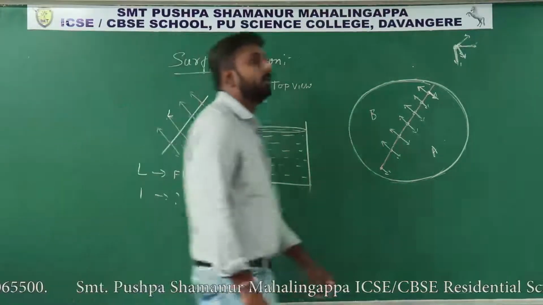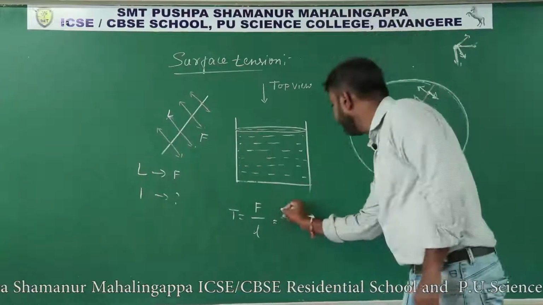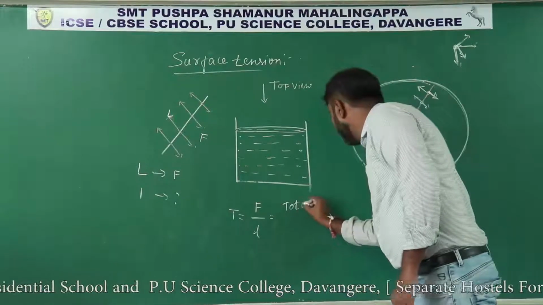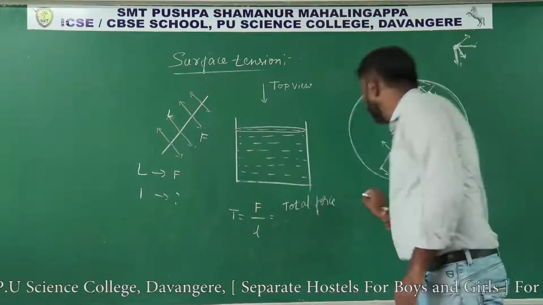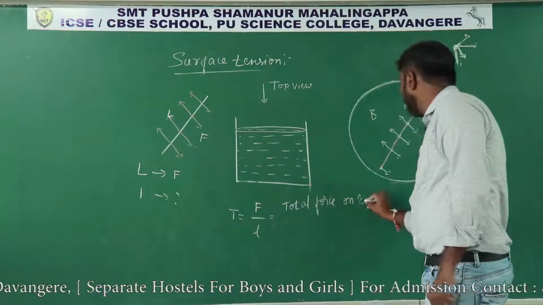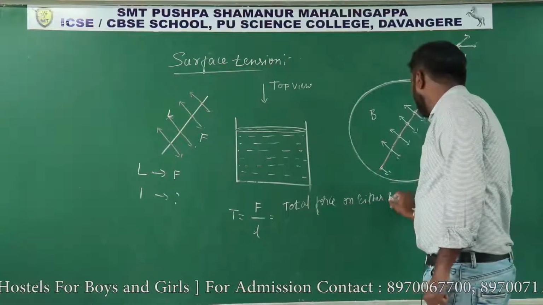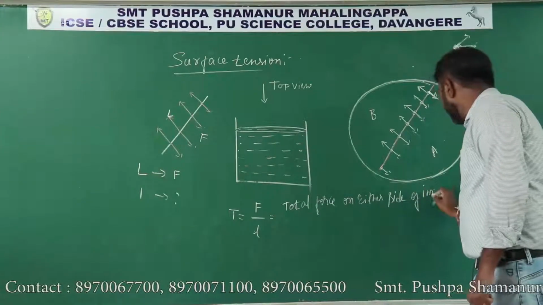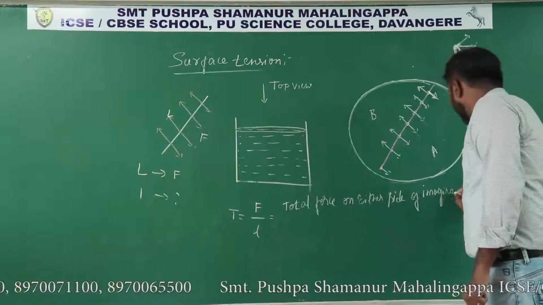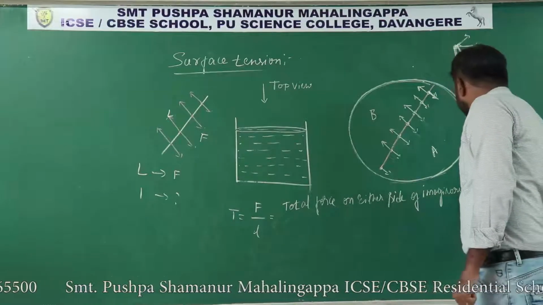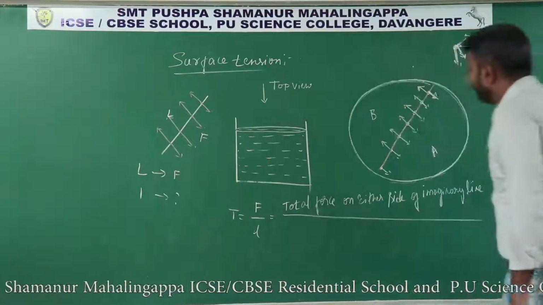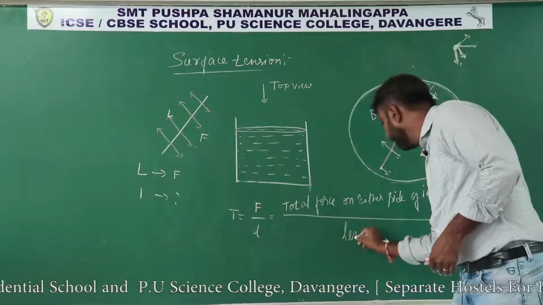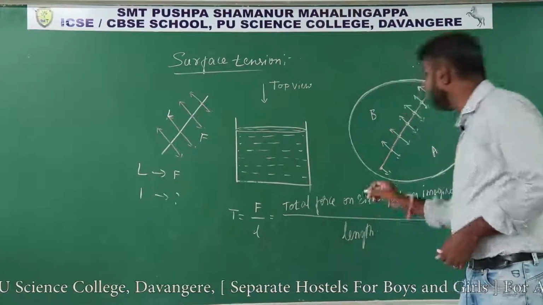We can define the surface tension as the total force on either side of an imaginary line divided by the length of that imaginary line.